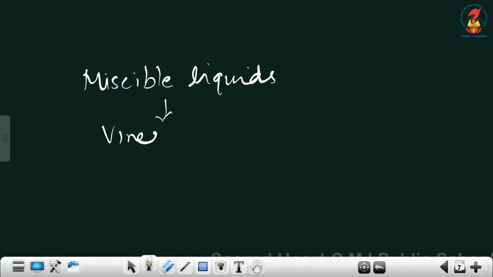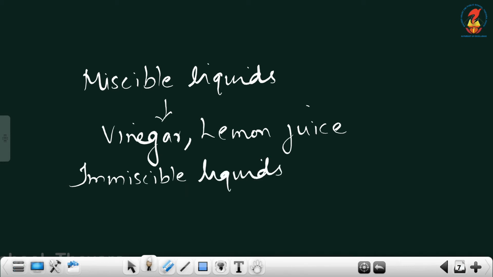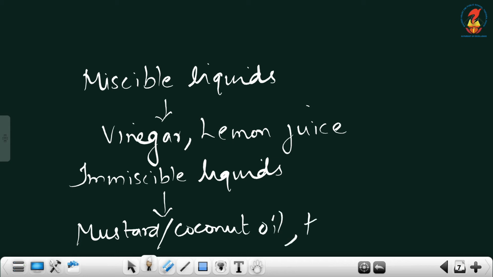Examples here are vinegar and lemon juice. Okay. Now the second type is immiscible liquids. Examples are mustard or coconut oil, all types of oils, kerosene.